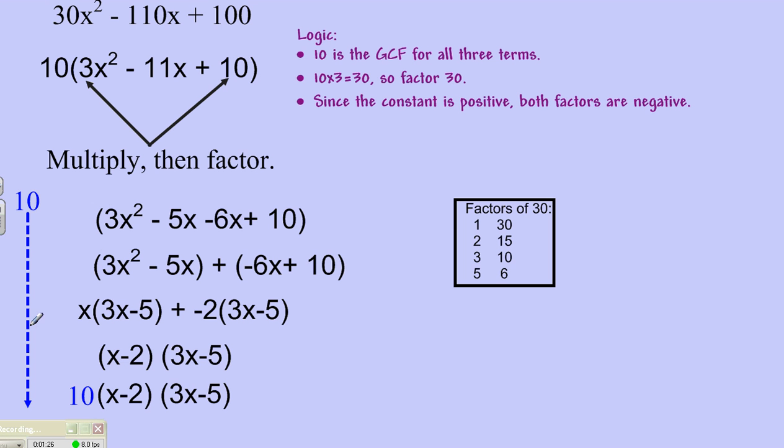So here we go. Now, first example here, we have a 30, 110, and 100. We can factor out 10 and we get this simplified expression here. So here my leading coefficient is 3, constant is 10, so I will factor 3 times 10, which is 30. And then over here I see that my two factors that will give me 11, both negative, are the 5 and the 6.